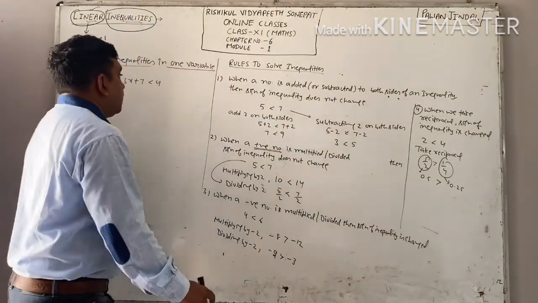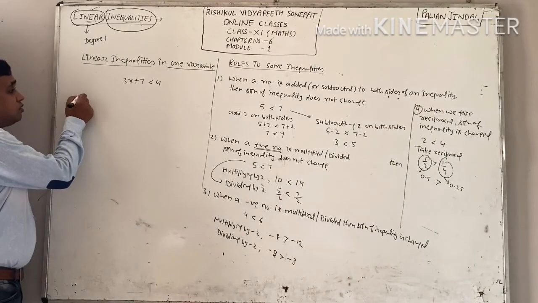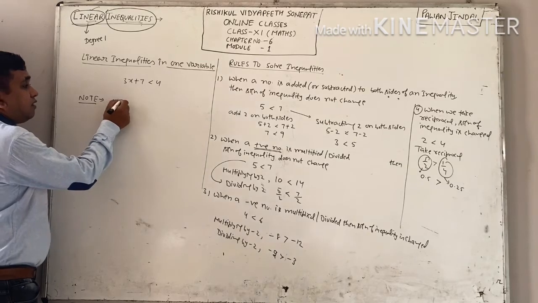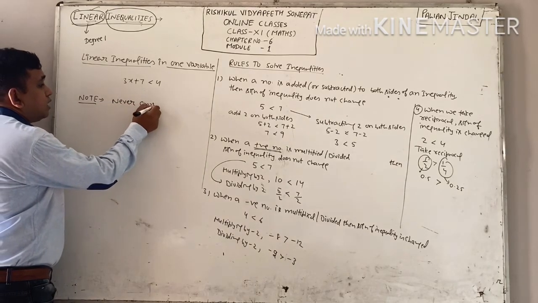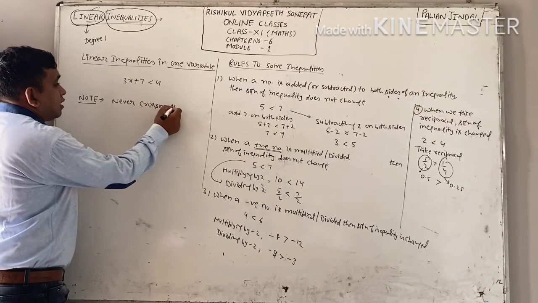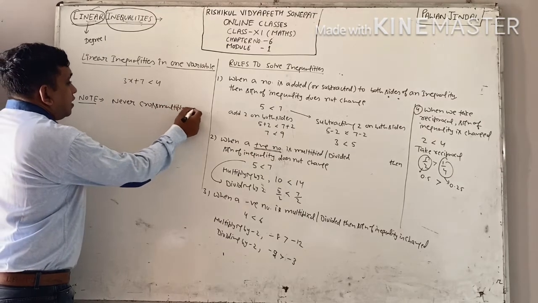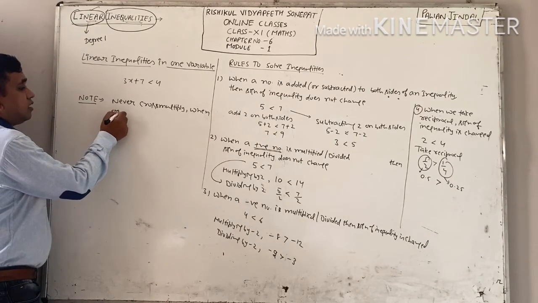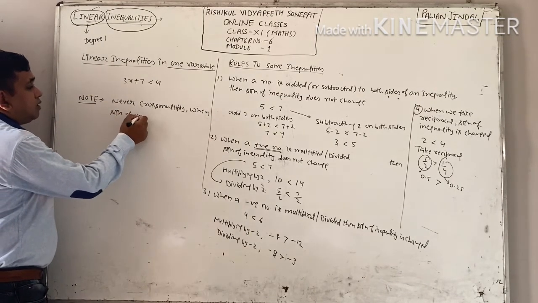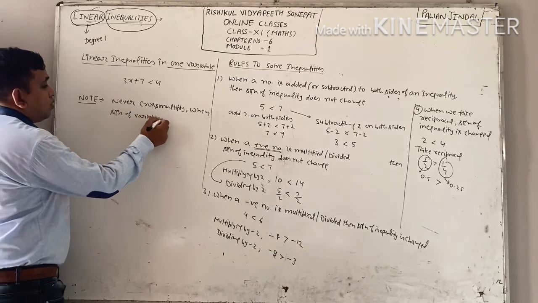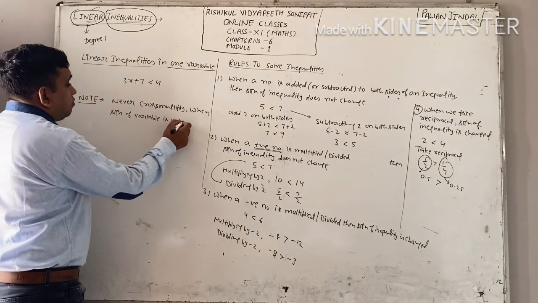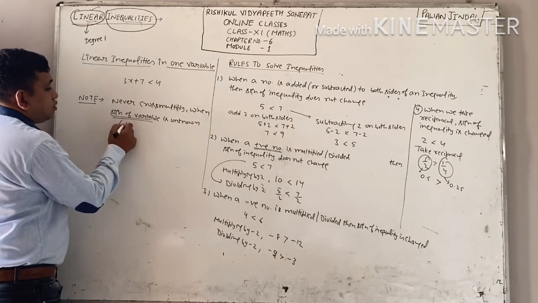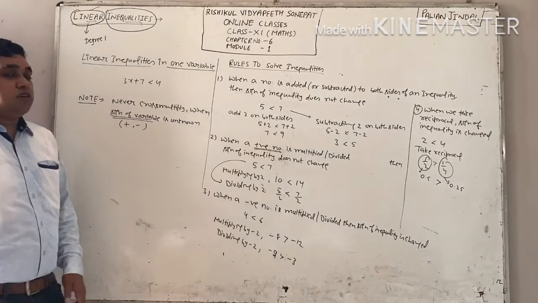Now, one more important point which I am going to tell you: never cross multiply when the sign of variable is unknown, means whether it is positive or negative.